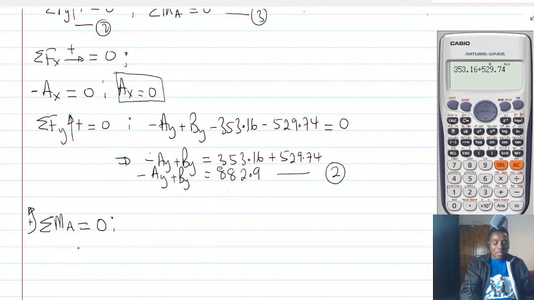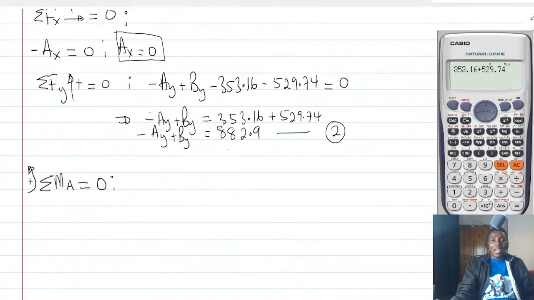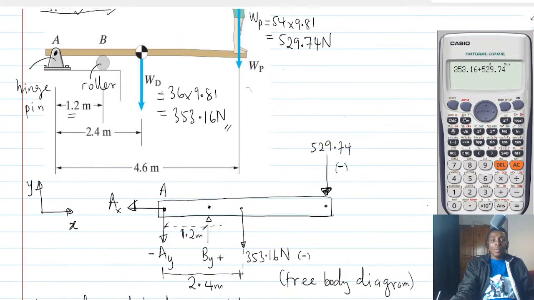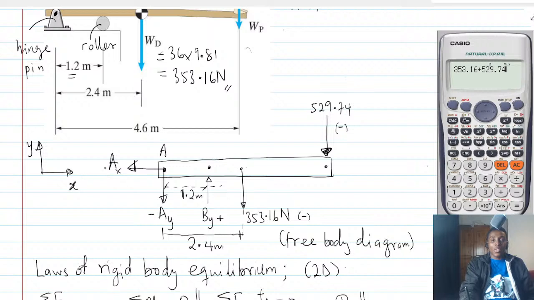So now this is point A. Point A is here. This is point B, and this is the center of gravity, and then this is where the man is standing.